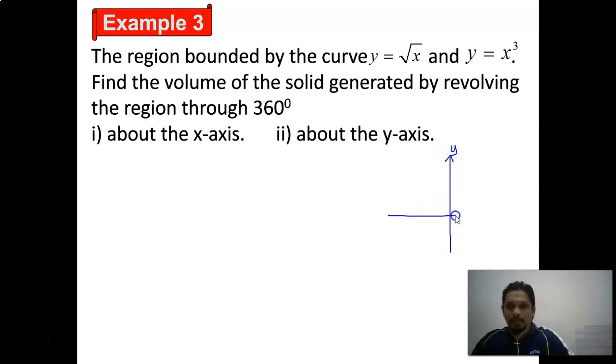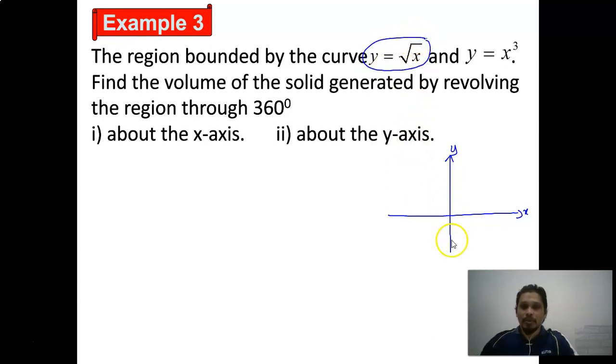Okay, so this one, y equals square root of x, I sketch with blue ink here, and then y equals x cubed.